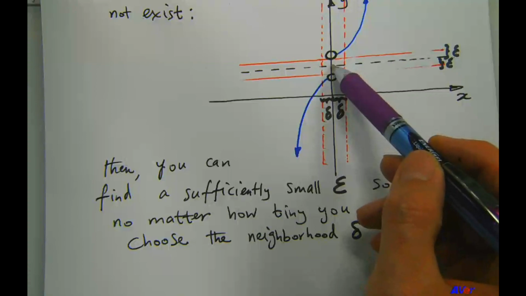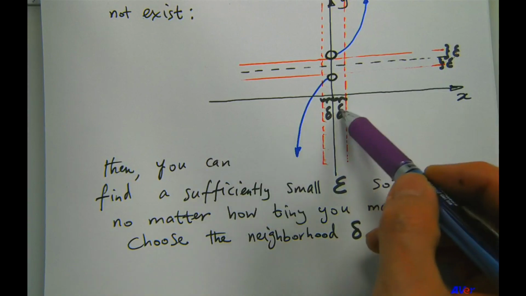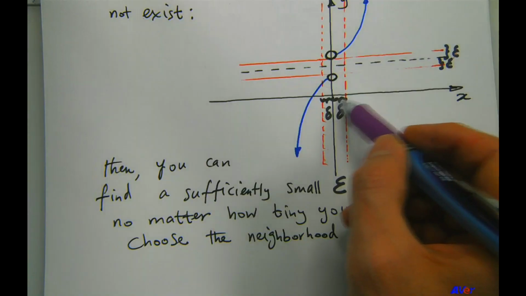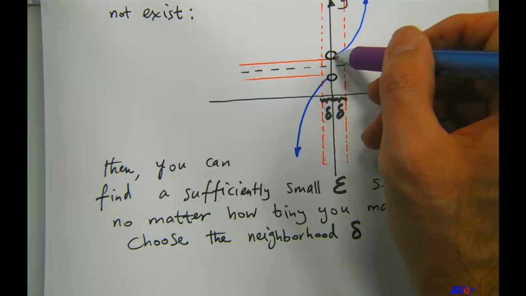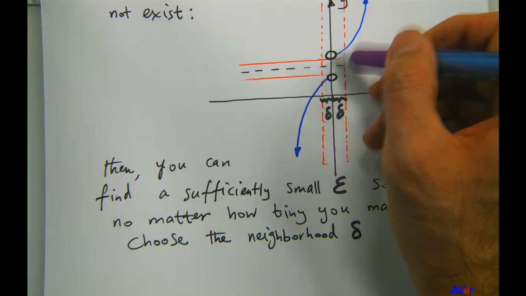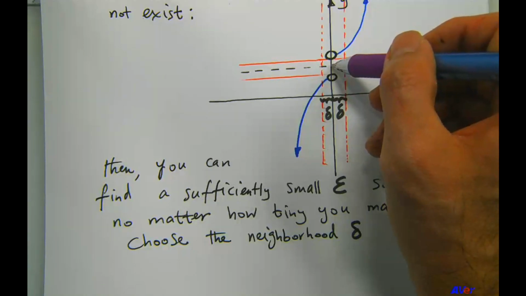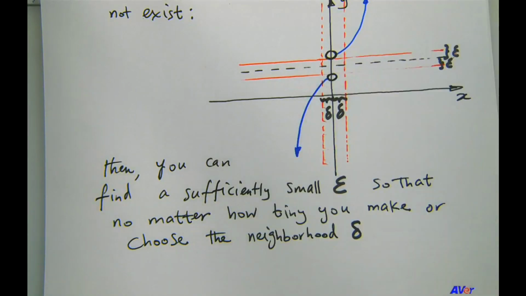Now, find a sufficiently small epsilon, which we did, so that no matter how tiny you choose the neighborhood delta, it doesn't matter how small I make this delta, once it hits that, it's not going to correspond to the epsilon that is in this gap, right? It's not going to correspond because the function at that point does not exist. And that's what this is saying.